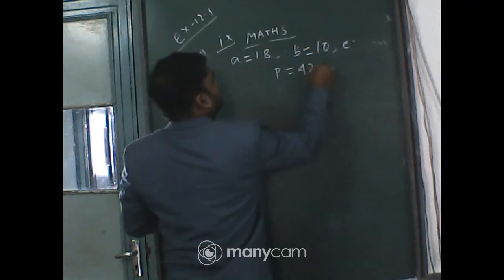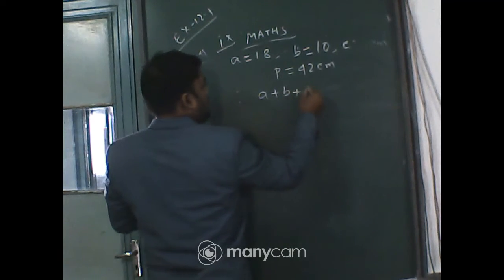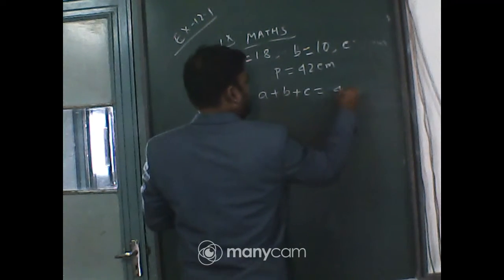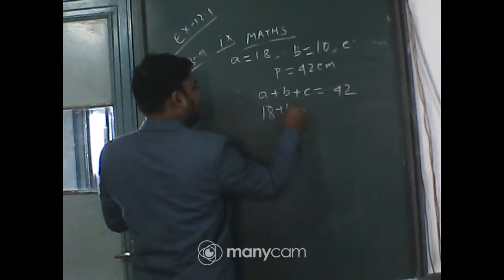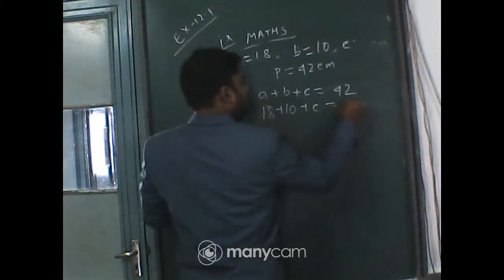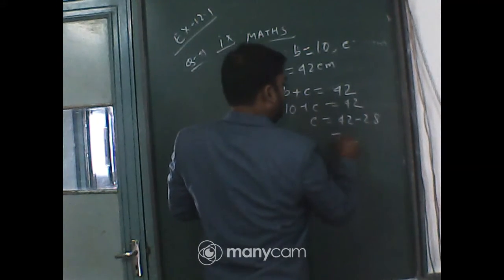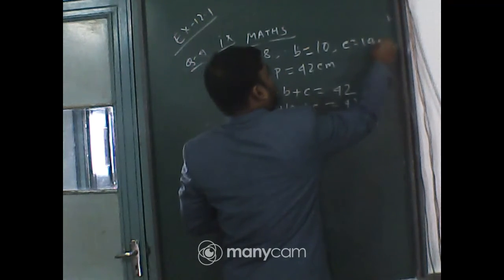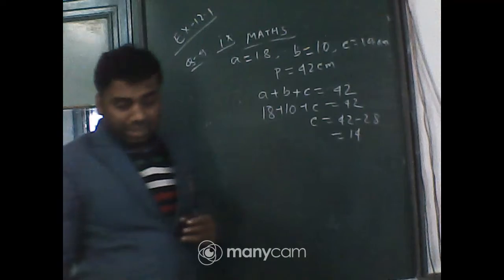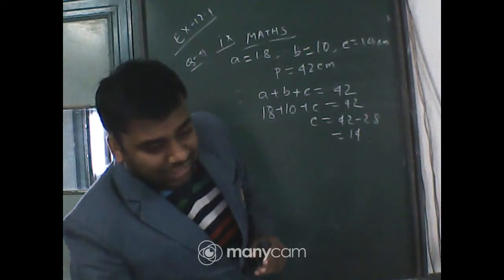Now students, one thing is clear, 42 minus 18 minus 10. It is clear to all of you how I will get the third side, that is 14 centimeter.